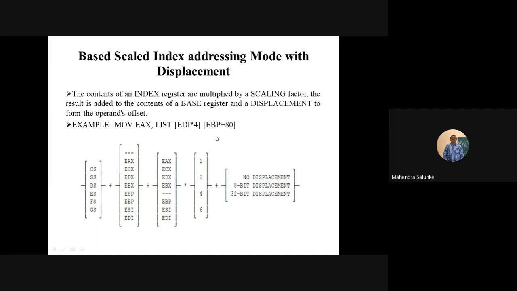But how to decide? That decision totally depends on what type of data structure is defined in your program: whether it is a simple array, a single element, or in the form of tables. Depending on the type of data structure, you can decide what addressing mode is to be used. Ultimately, it is going to generate the 32-bit effective address.